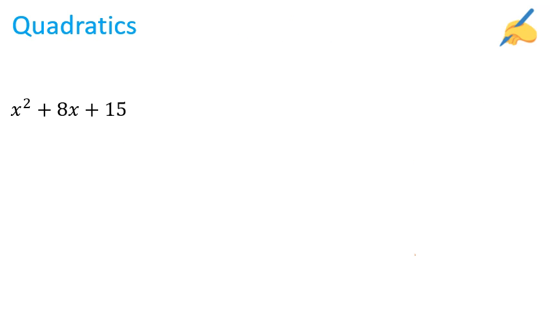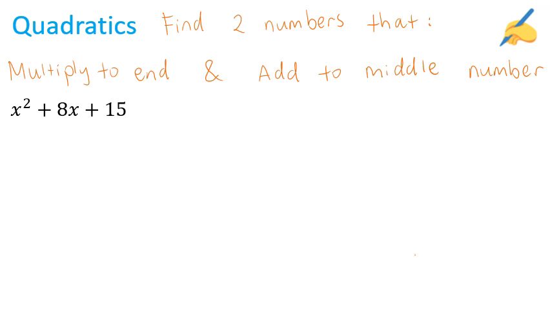The last method is factorising quadratics. You might remember this from last semester. You need to find two numbers that multiply to give the end number and add to give the middle number. So if we look at this example here, I'm looking for two numbers that multiply to equal 15 but add to equal 8.